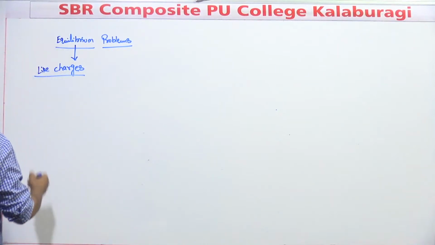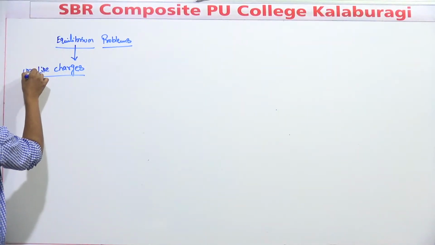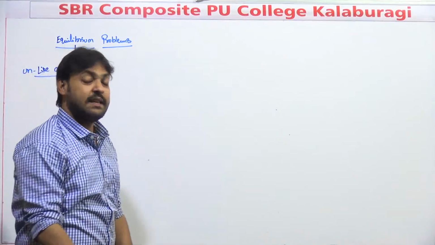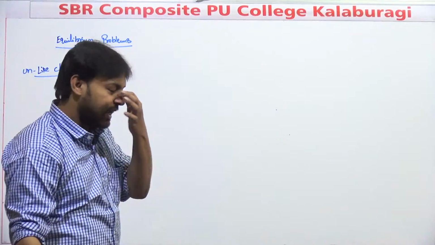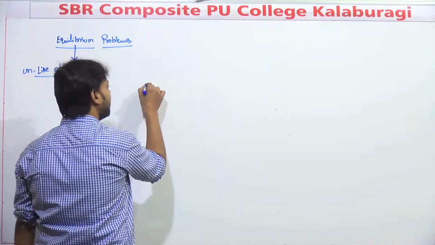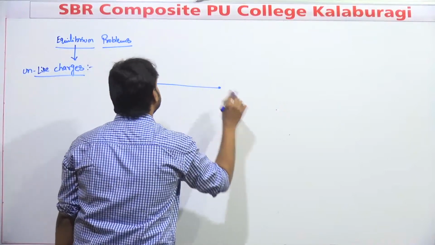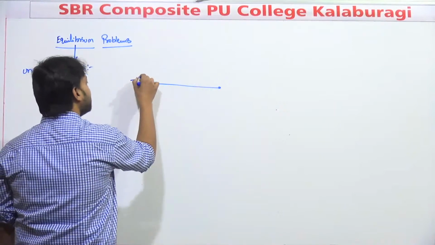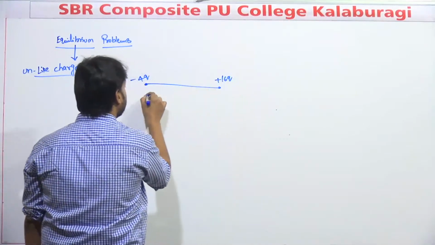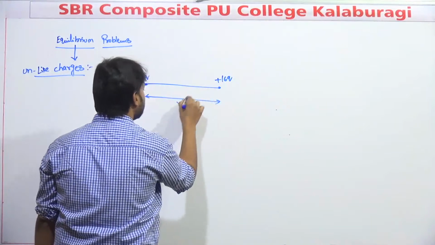What is it? Unlike charges. So if there are unlike charges in the system, how do we calculate the equilibrium? See, for example, consider minus 4q and plus 16q separated by the distance r.